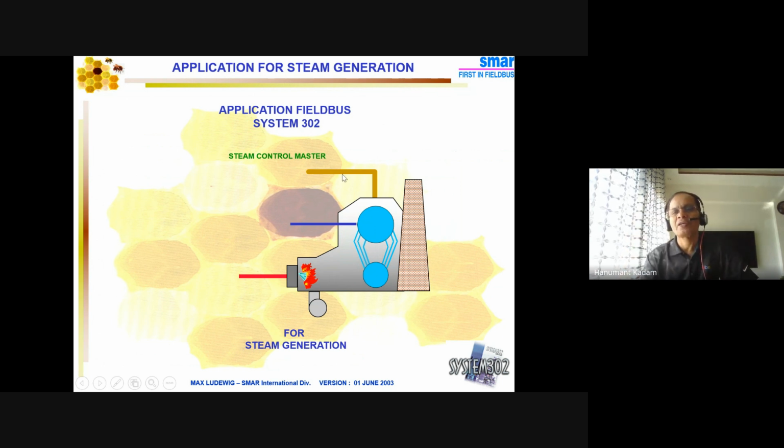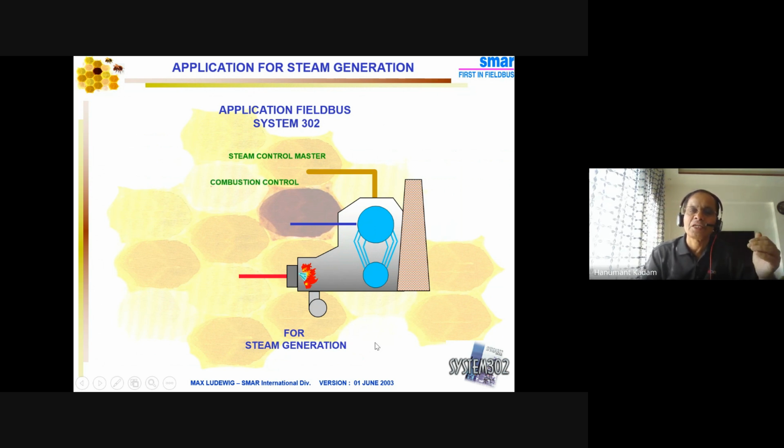In chemical plants, refineries, or any power plant, this tower-type structure is where gases or smoke come out. So that is the chimney part. When we use new technology like fieldbus and wireless technology in a steam generation plant, we are discussing how it will be operated.